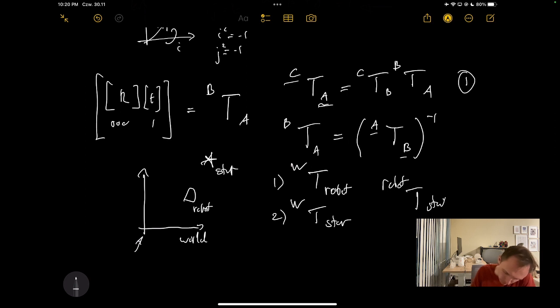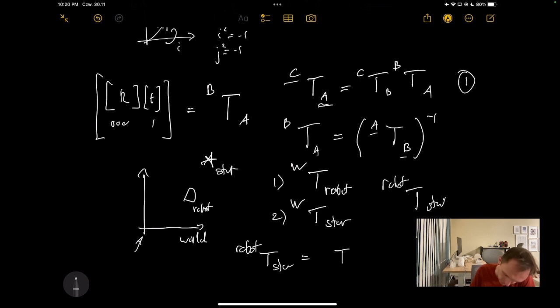And the way to do this is to do the following. We want this to be on the left, so we invert it.